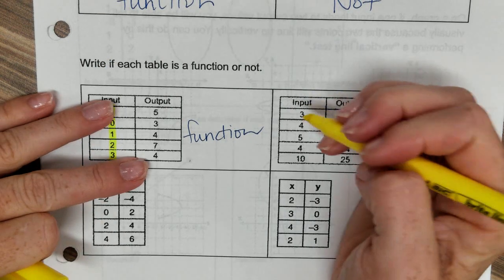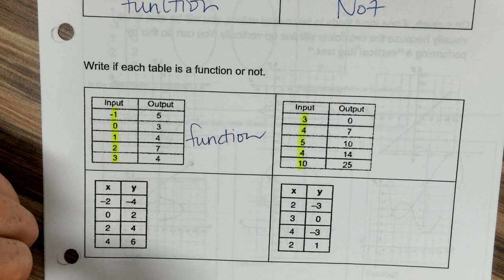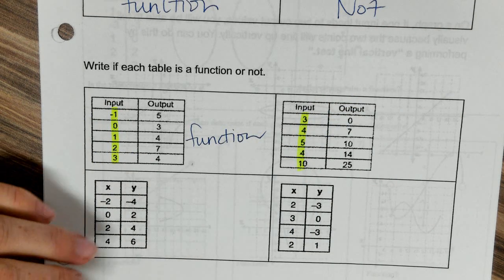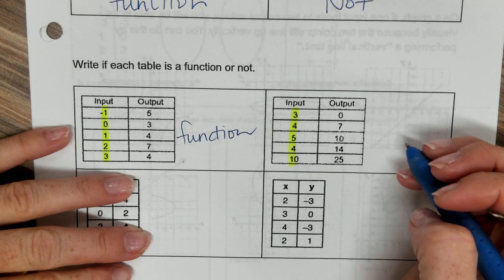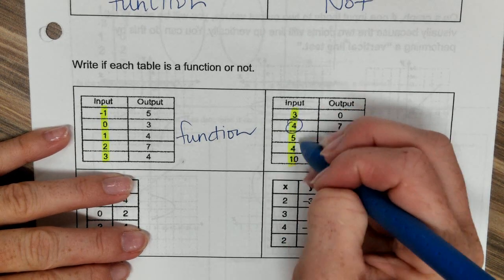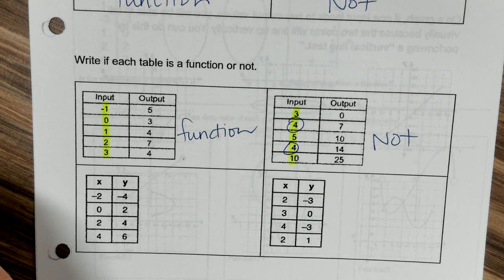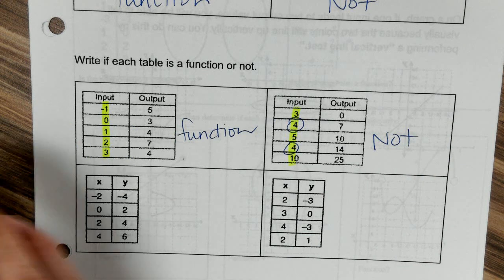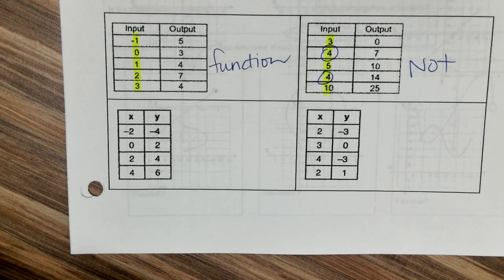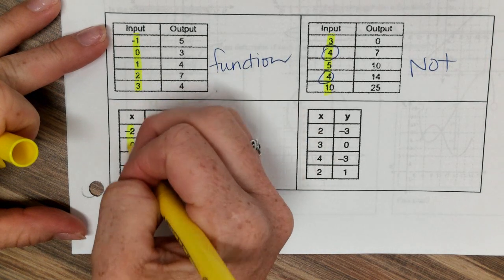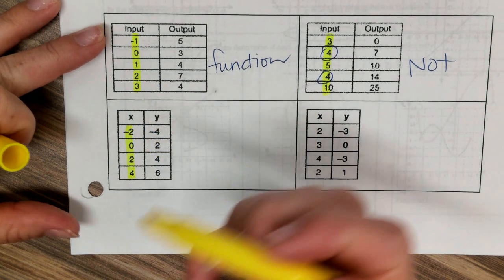Okay, let's look at this one on the right. I have 3, 4, 5, 4, 10. What did y'all see? The 4s repeat. This is no, not a function. Okay, let's look at the next one on the bottom left. I have -2, +2, 0, and 4.